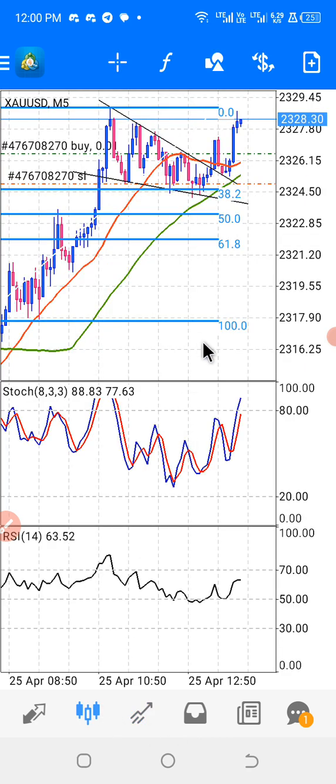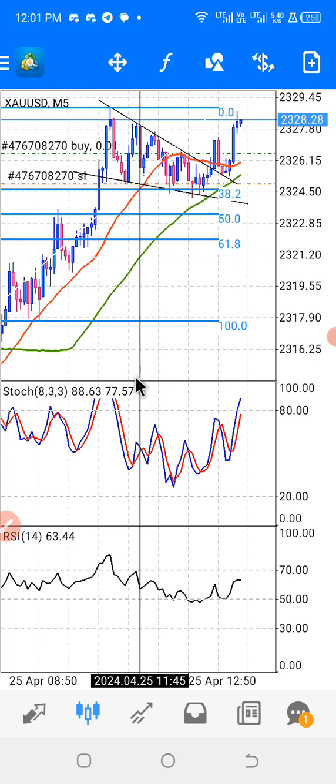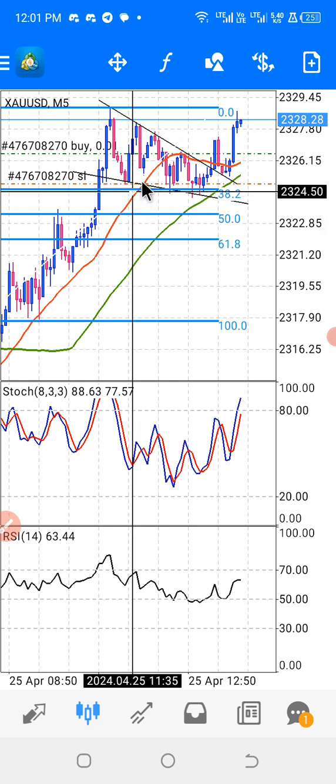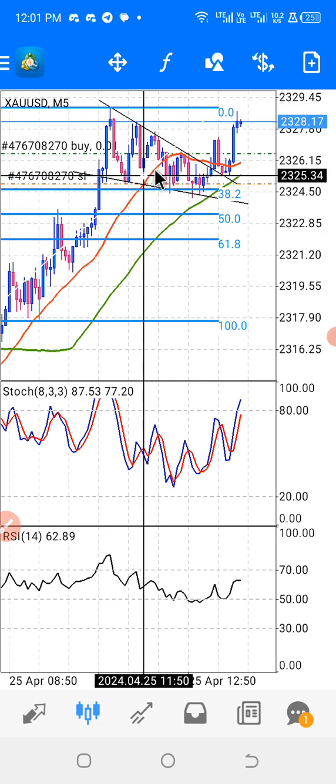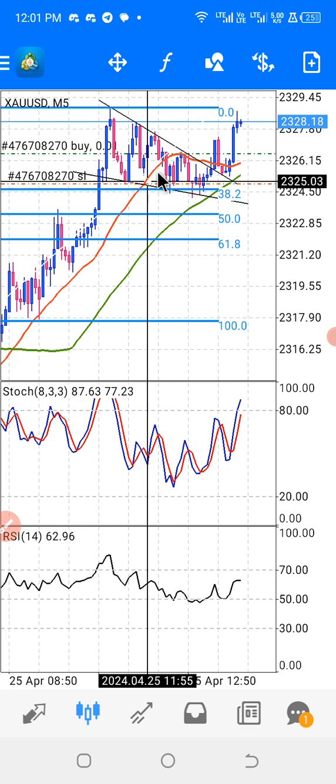I can trail my stop further here, and trail my stop further here. I can take it to 23, 25, 16.